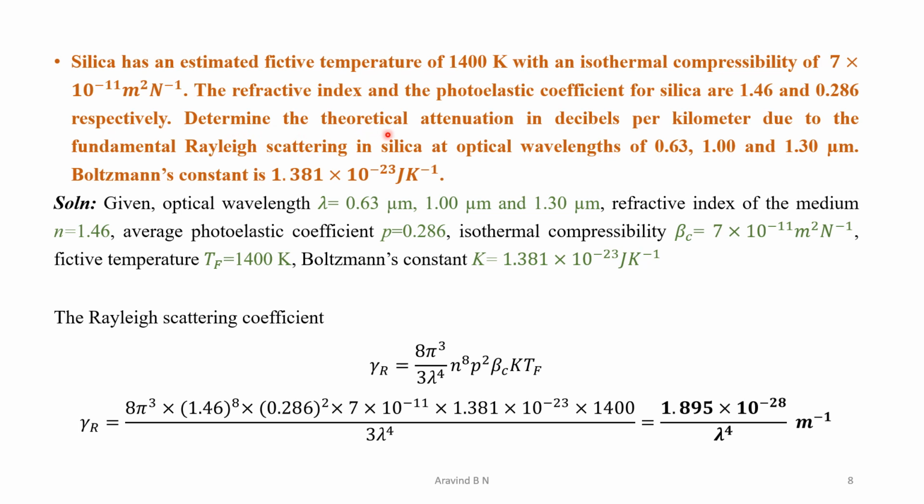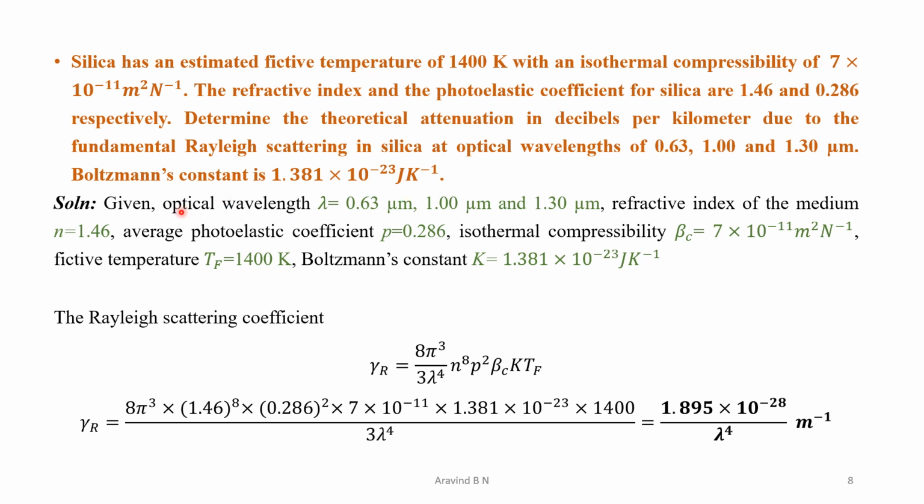Determine the theoretical attenuation in decibels per kilometer due to the fundamental Rayleigh scattering in silica at optical wavelengths of 0.63, 1.0 and 1.30 micrometer. Boltzmann constant is 1.381 into 10 to the power of minus 23 joules per Kelvin.